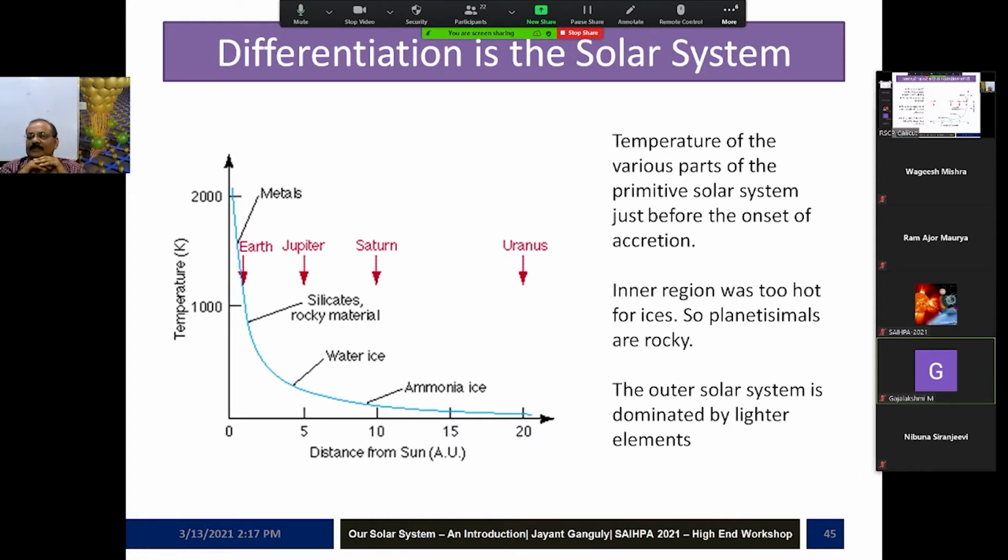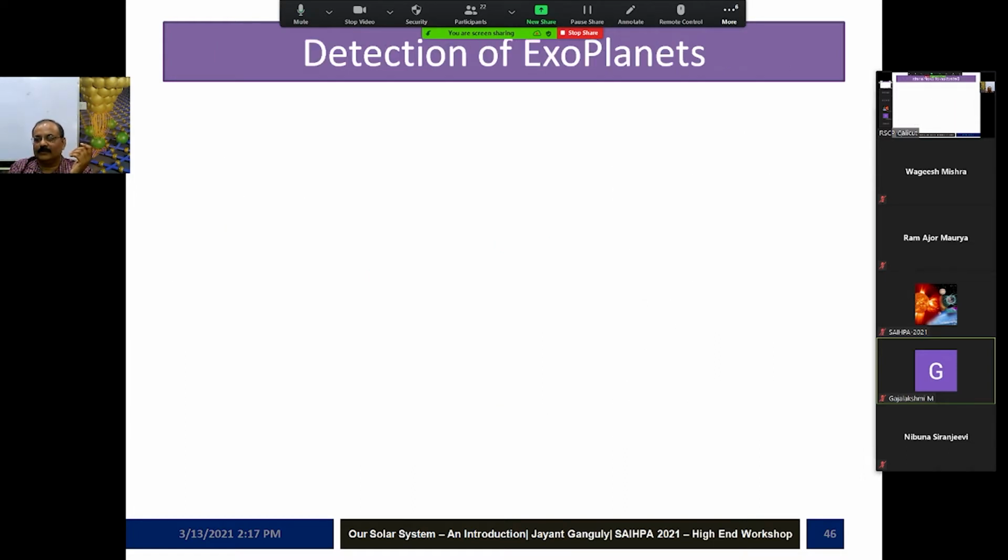So this curve gives a partial insight into the temperature of various parts of the primitive solar system just before the onset of accretion, and this also helps in the formation of the planets.